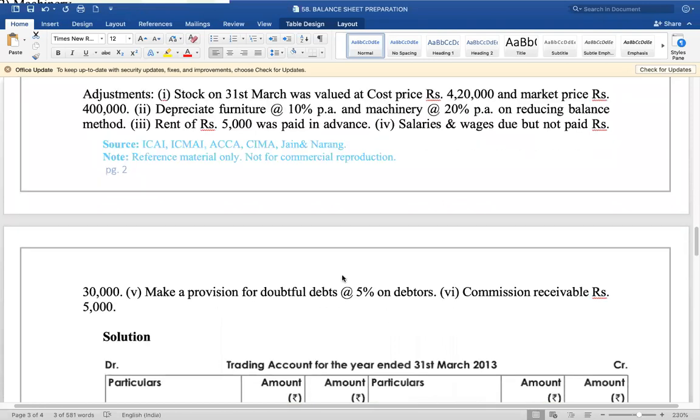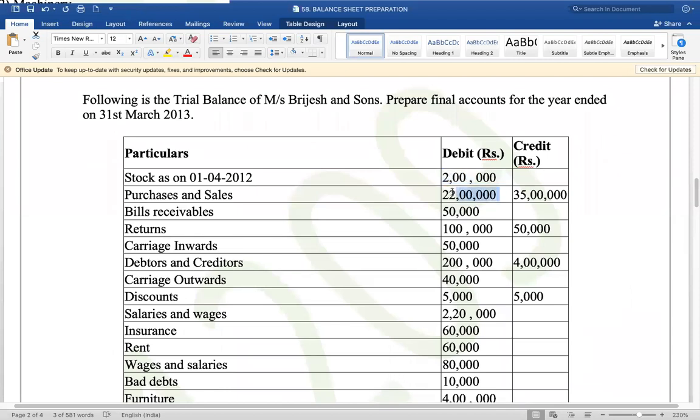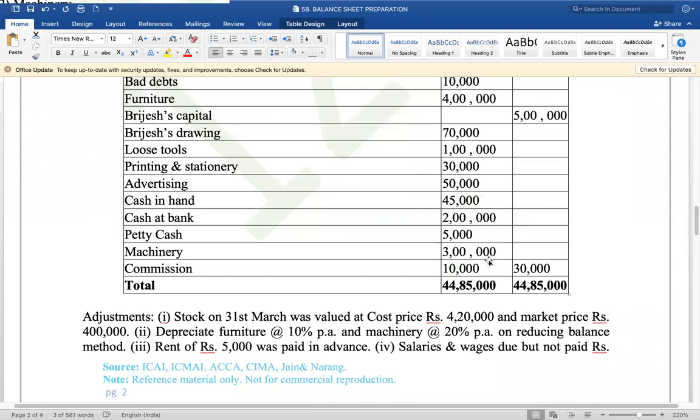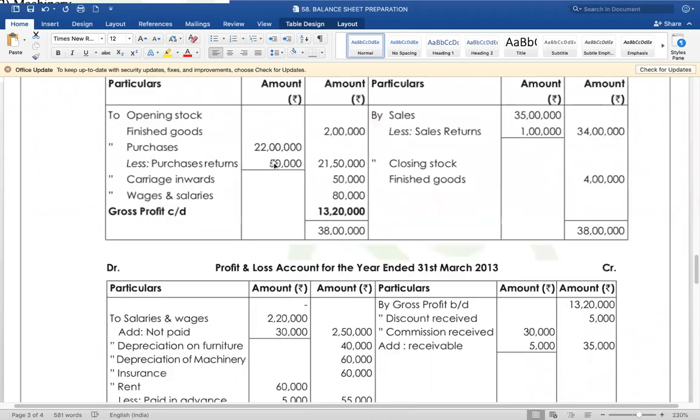And you have added some purchases, 22 lakhs. And out of this 22 lakhs, you have returned 50,000 worth of goods. So purchases less returns: 22 lakhs minus 50,000, 21 lakhs 50,000 is the net purchases.